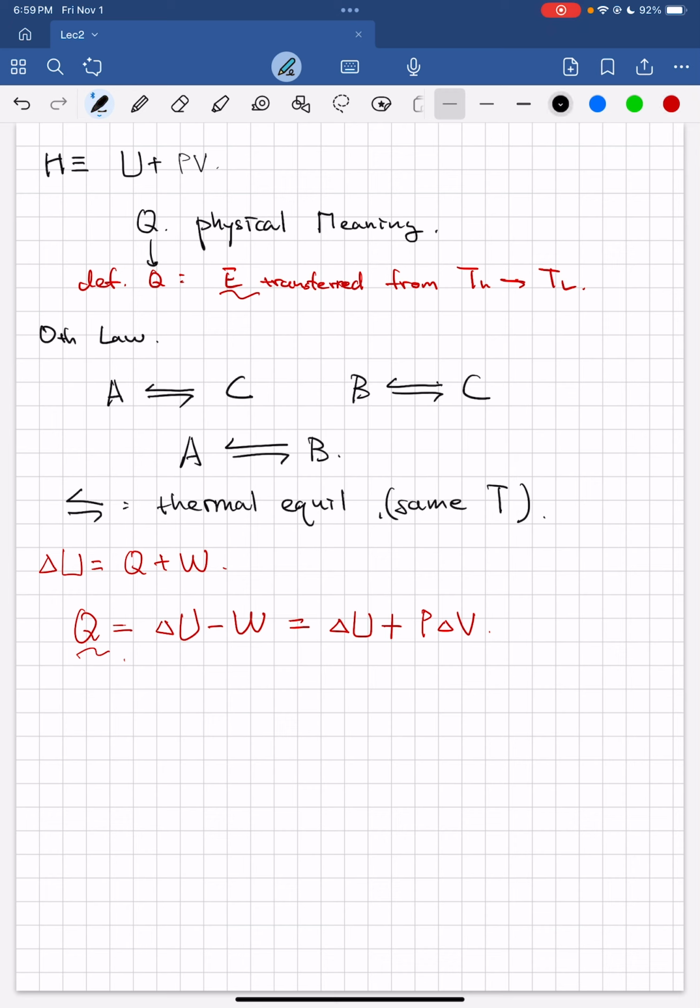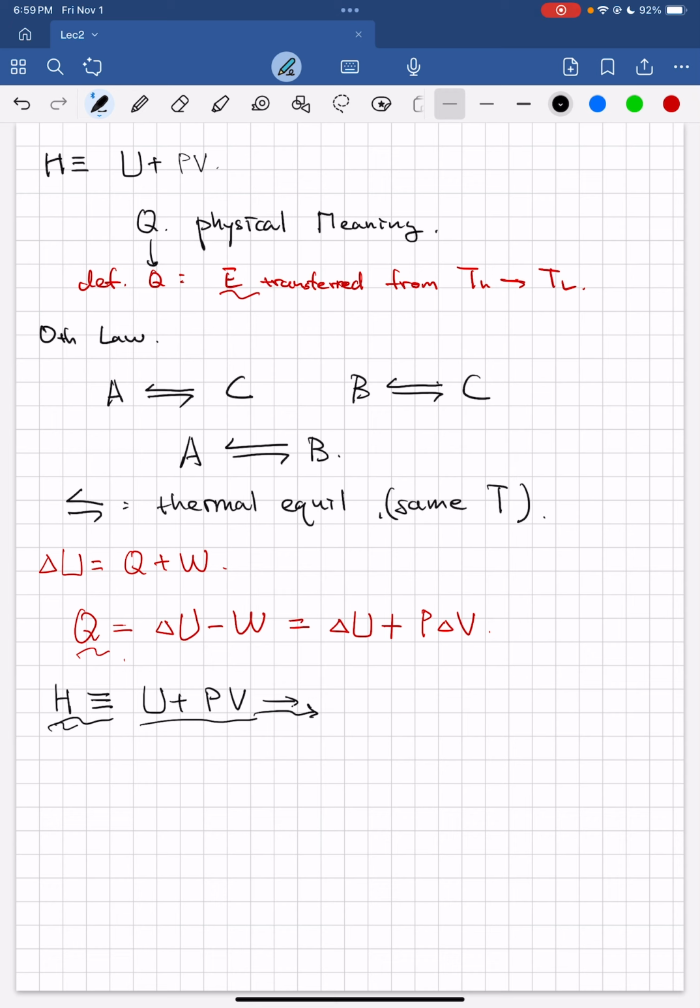And so people are very smart. They just made up this new concept. H equals U plus PV. That's how people just made it up. They just did it like this because they think it is convenient. Why? I'll show you.